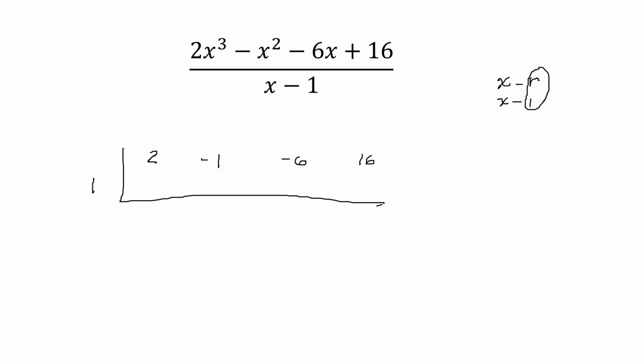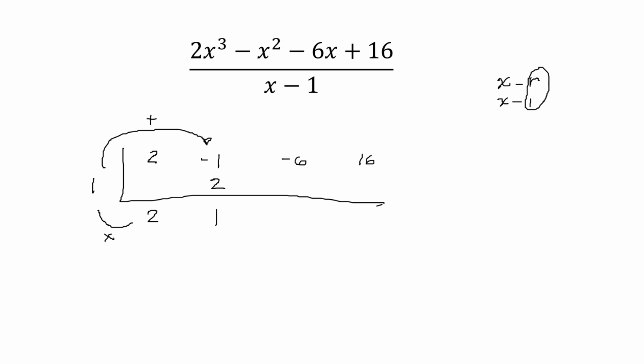So the first thing we have to do here is to bring down the first number, then multiply. 2 times 1 is 2. You add that 2 on the second column. Again, multiply, then add on the next column. Once we add, so that's -1 plus 2, that's 1.